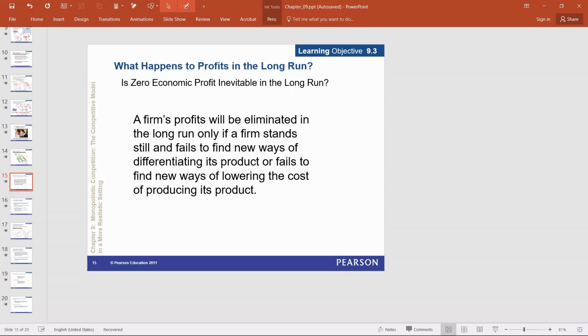And in these curves, on this slide, it again shows that all profits will be eliminated in the long run, in case the company doesn't have any new ways to reduce cost and achieve better production and make profits.